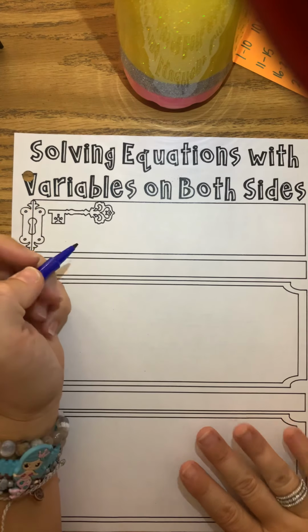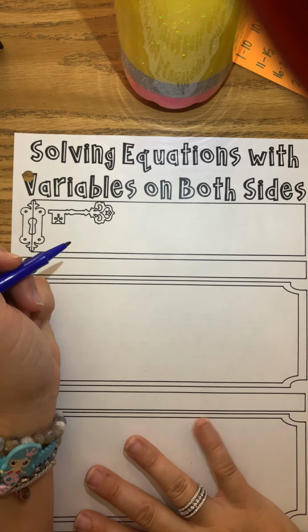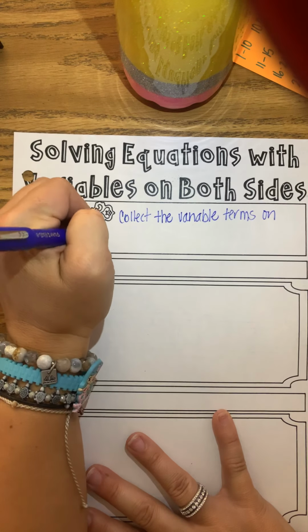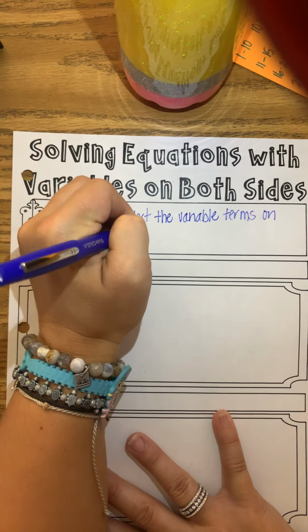So our key idea for this particular section is obviously to collect the variable terms on one side and the constant terms on the other side.